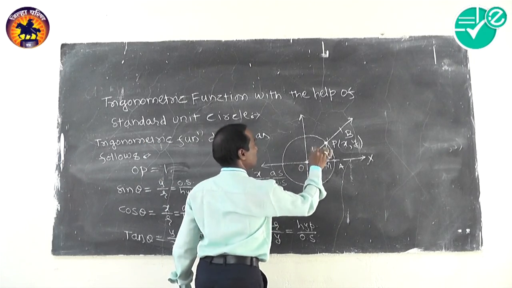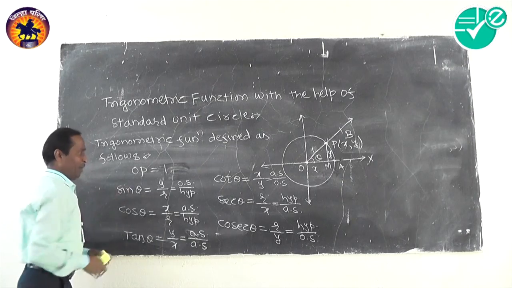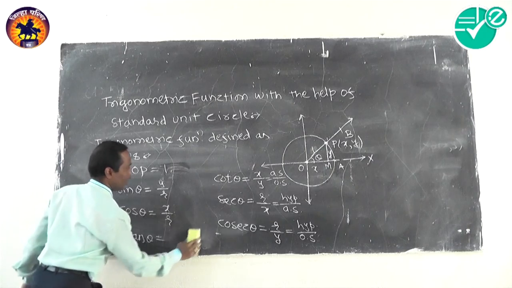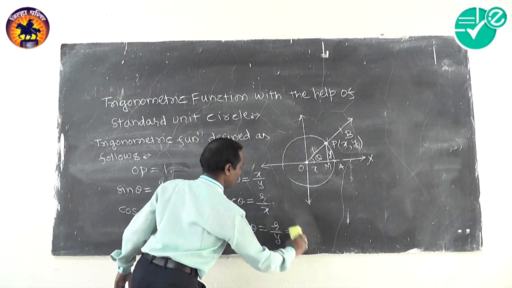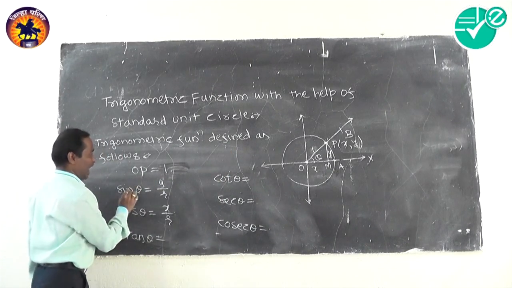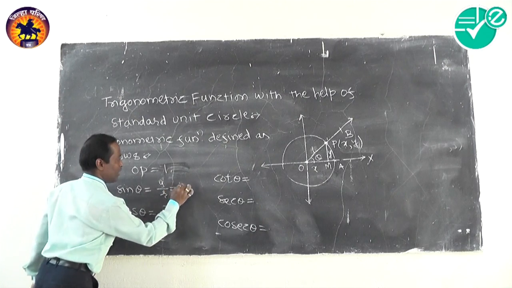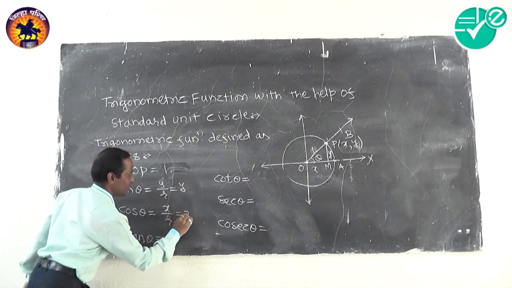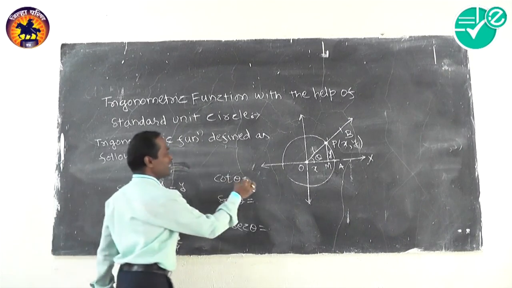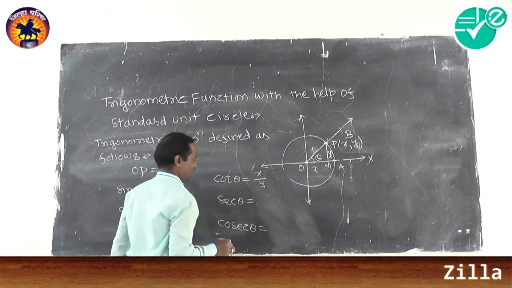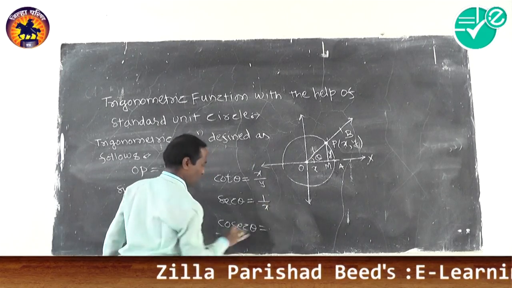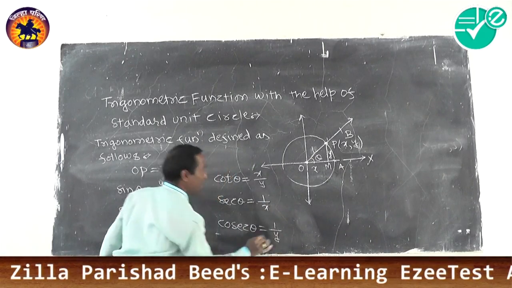Then the trigonometric functions are defined as sin theta is equal to y upon r means y, cos theta is x upon r means x, and tan theta is equal to y upon x, cot theta is equal to x upon y, sec theta is equal to 1 upon x, and cosec theta is equal to 1 upon y.